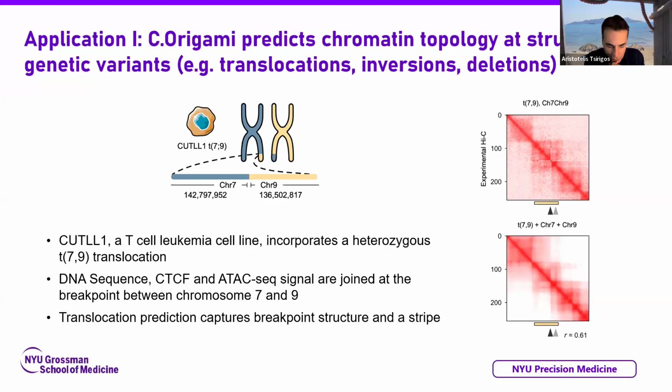Yeah, it's a good question. We haven't done it at the base resolution, mainly because we thought it wouldn't work. At least that was our idea back then, we'd probably need much more deeply sequenced Hi-C data to train with and more cell lines to train with.